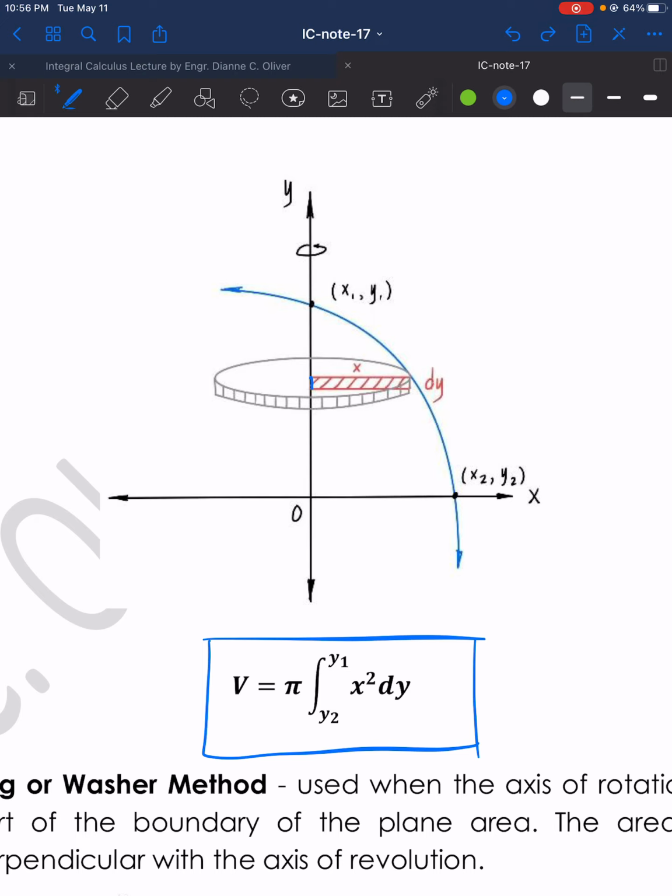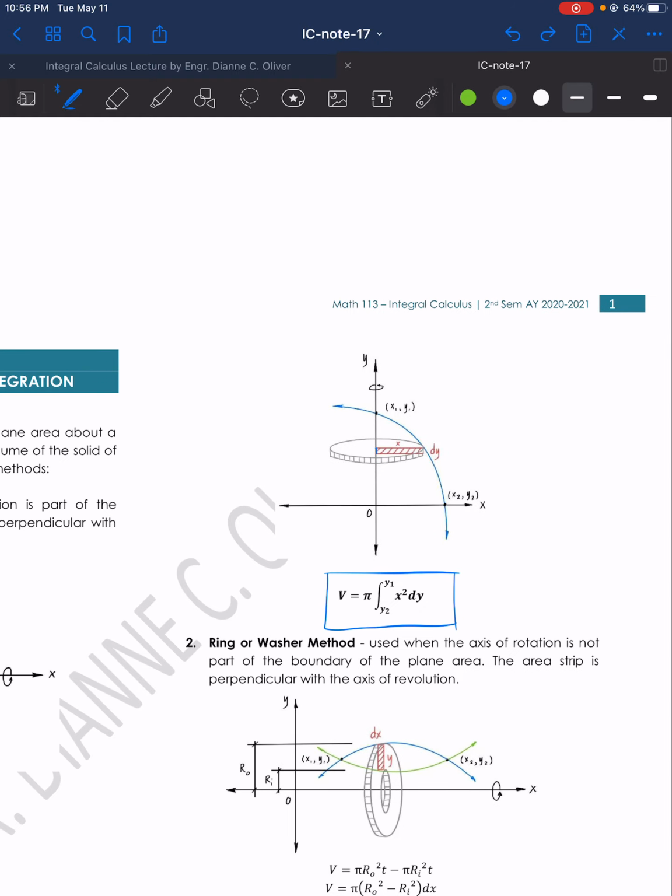Why y2 to y1? Because y2 here is lower compared to y1 here. Remember that this is the lower limit and this is the upper limit. From our previous video, it would be helpful if we watch how we get the limits in solving plane areas. So that's for the disc method.